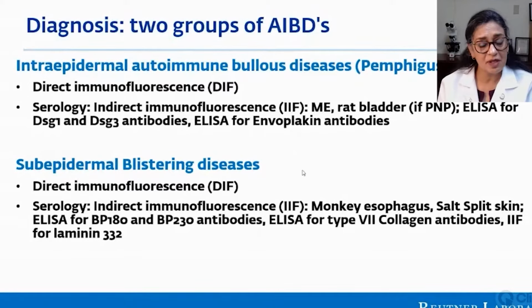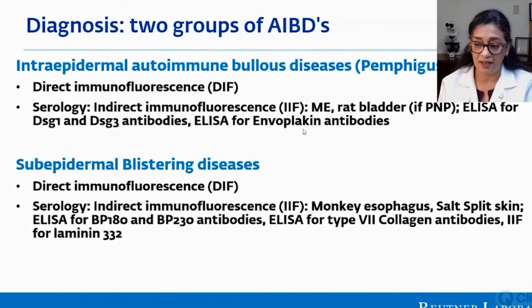The selection of substrate for IIF depends upon the clinical diagnosis and also the findings on DIF and histology. For example, in the pemphigus group, IIF on monkey esophagus would be the best, followed by ELISA for desmoglein 1 and 3 antibodies.